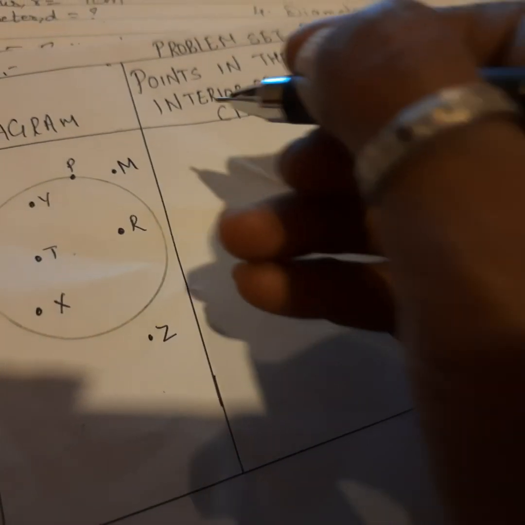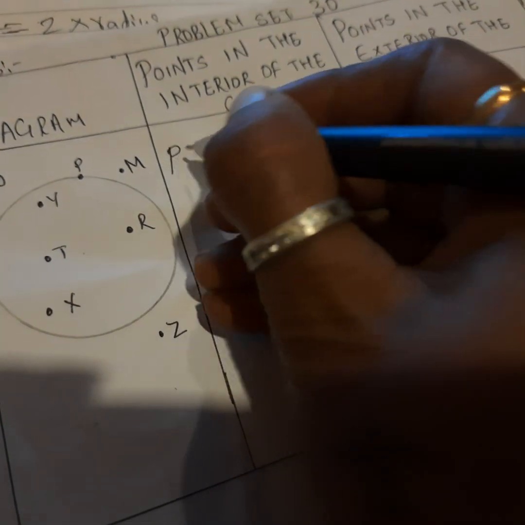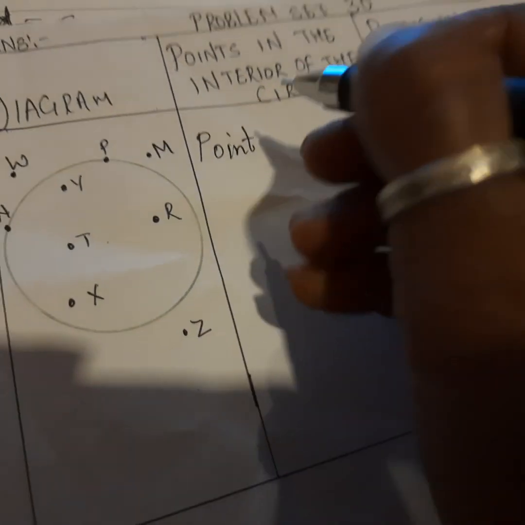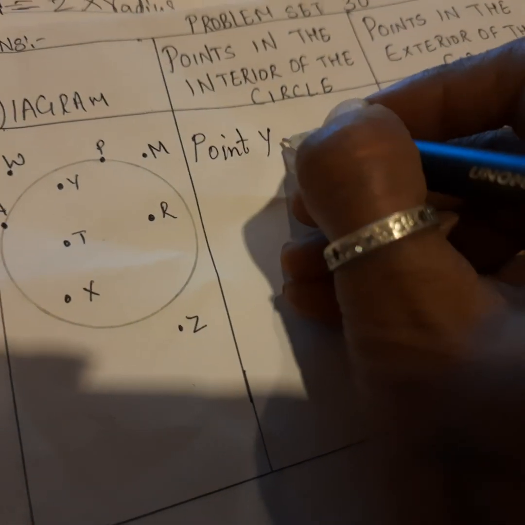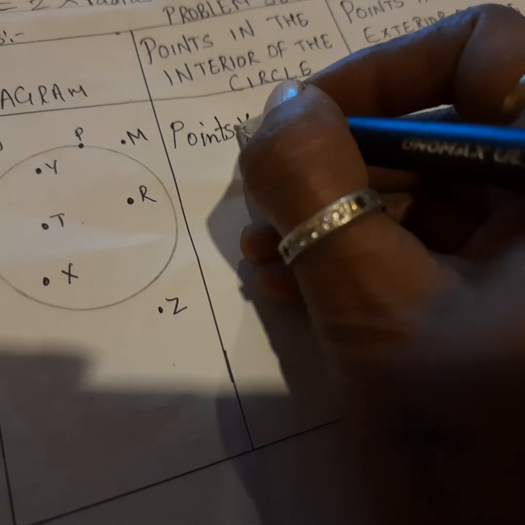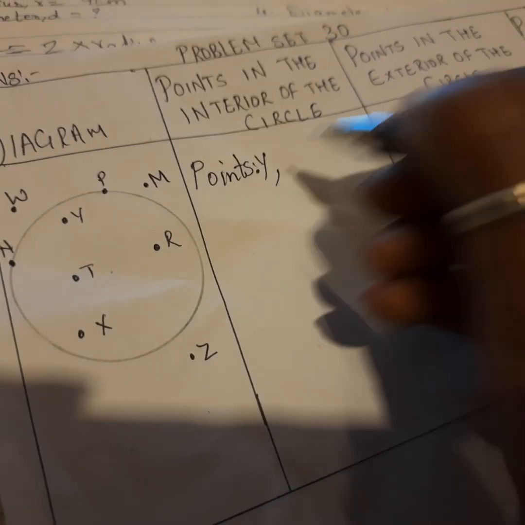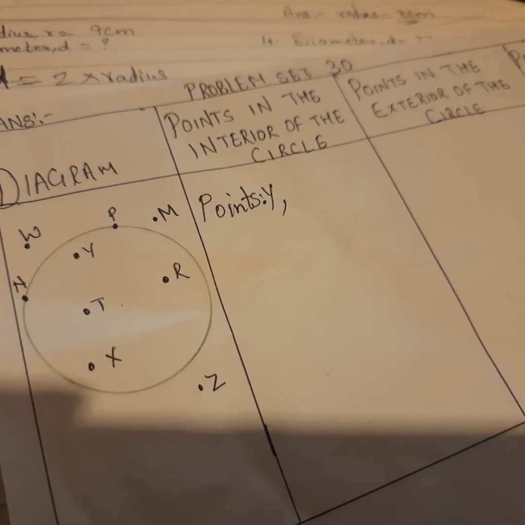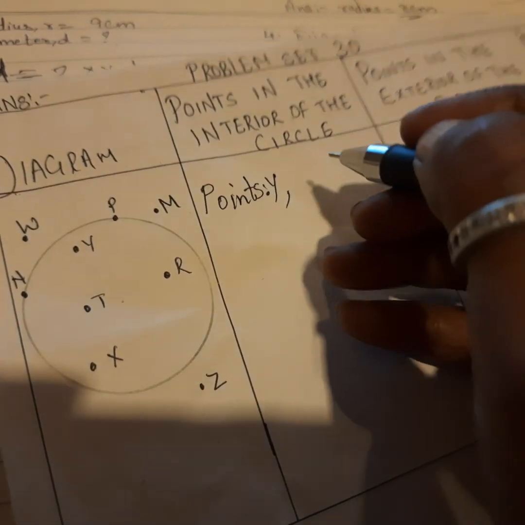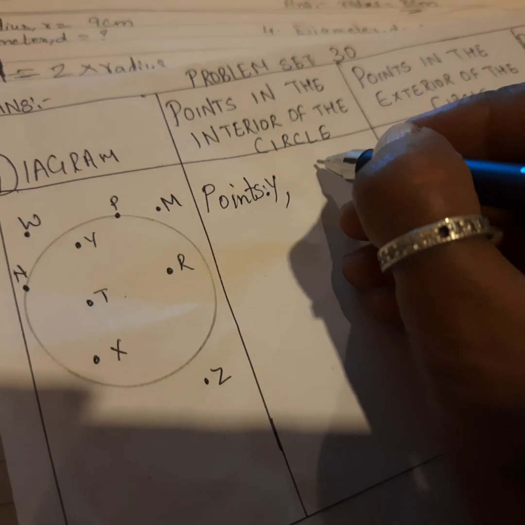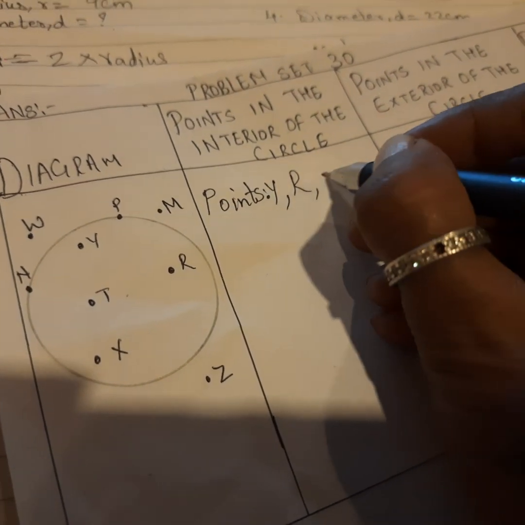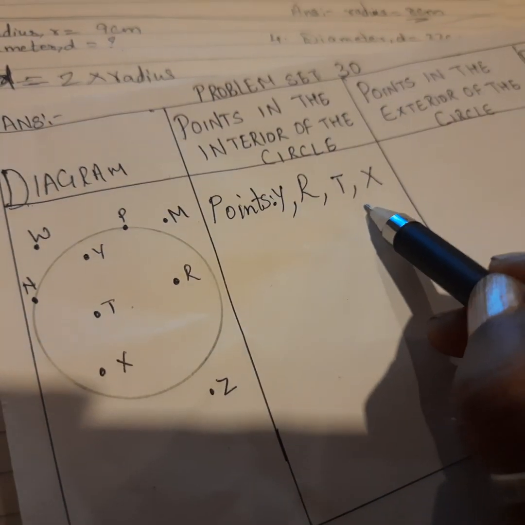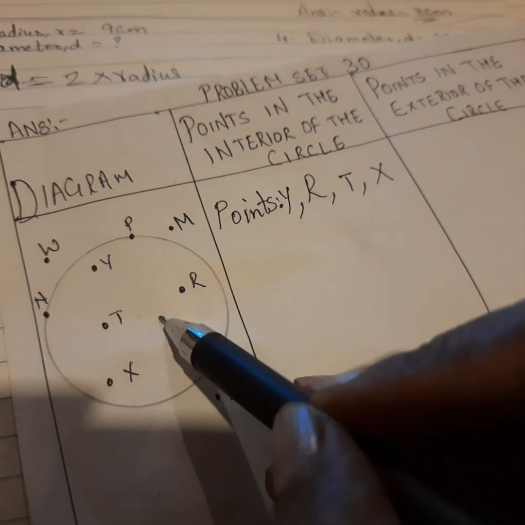So this is how you will write down: you can write points and put a colon, points Y, or single point Y, point R, point T, point X. So point Y, comma, point R, T and X. So these are the 4 points which are inside the circle, that is the interior of the circle.